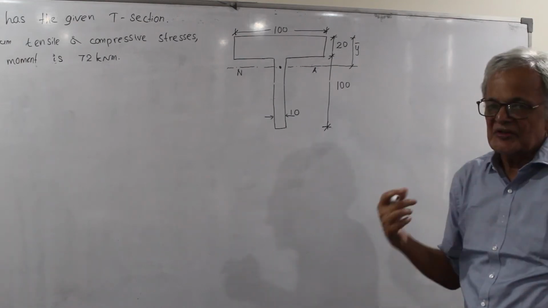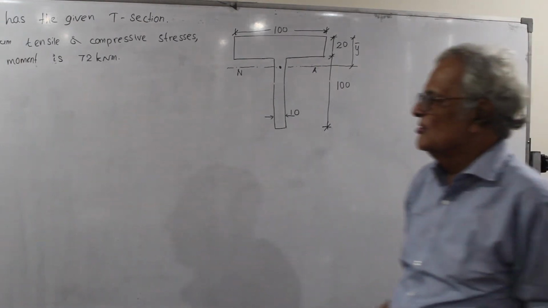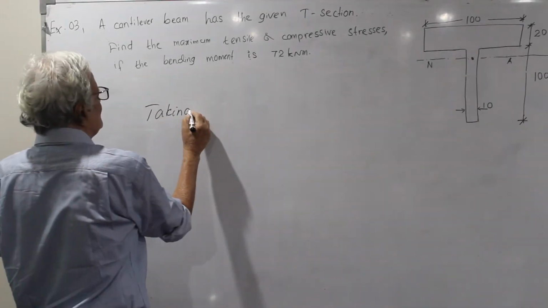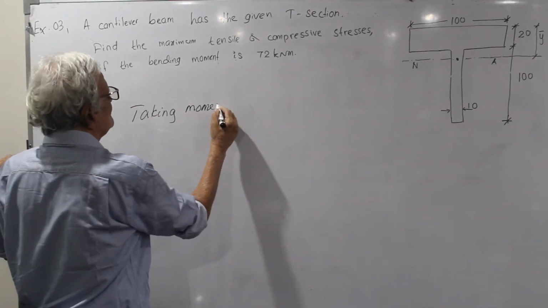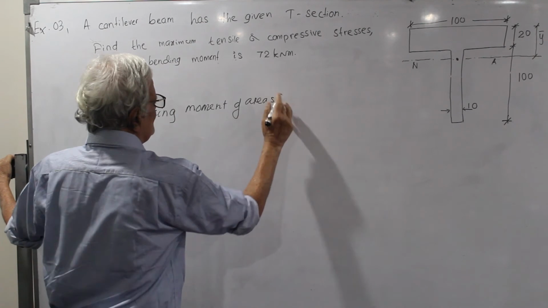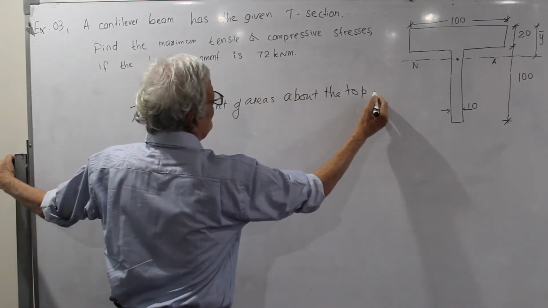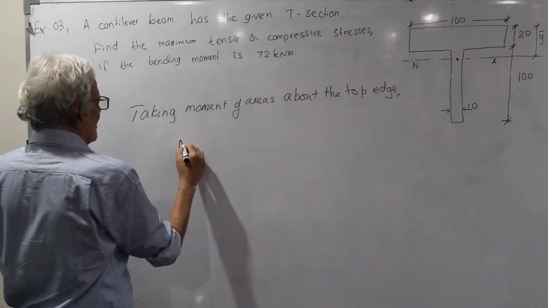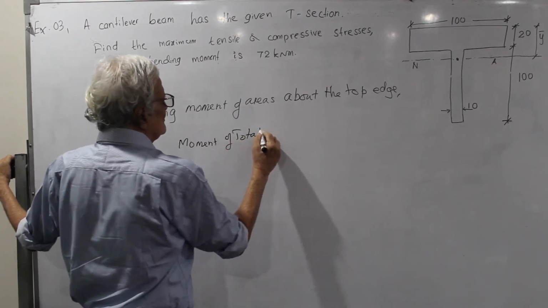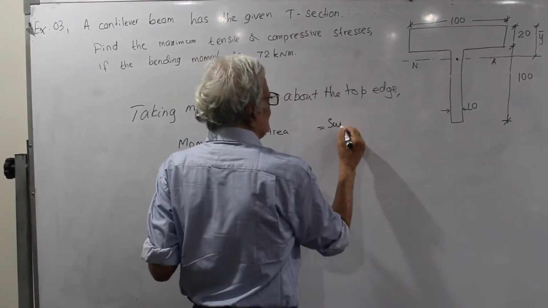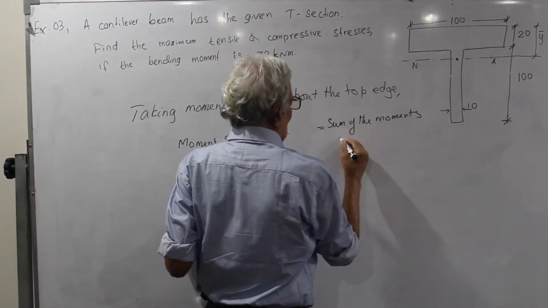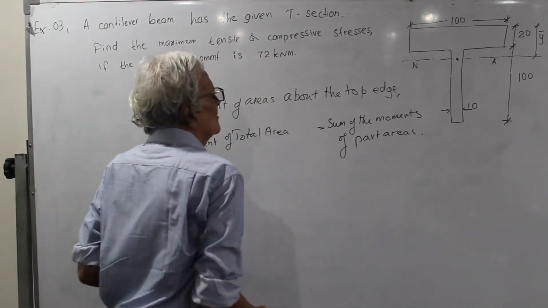Then, taking moments of areas about the top edge, moment of total area equals sum of the moments of part areas.